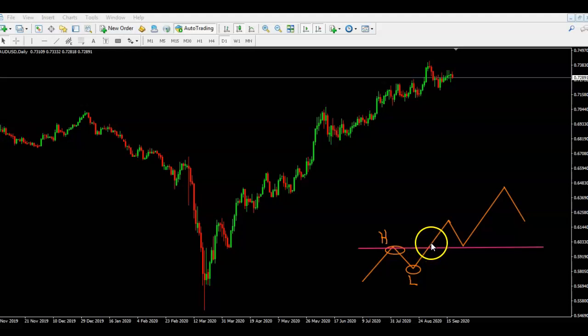A lot of mistakes that traders make is the moment the market breaks the high, they buy, right? Now, a lot of the times, what the market can do is something like this. It goes up, it breaks the high, and then it drops again. That's like a fake breakout.